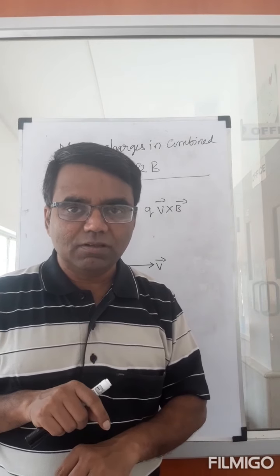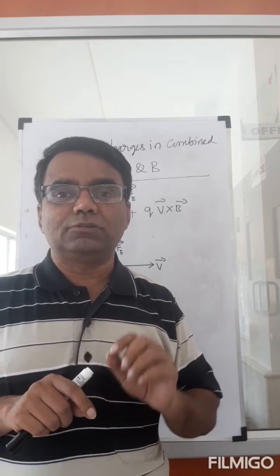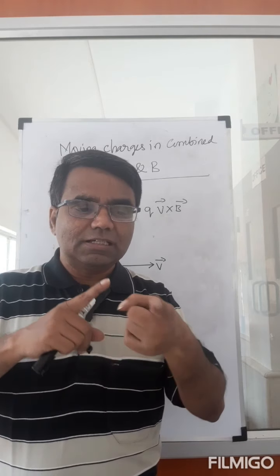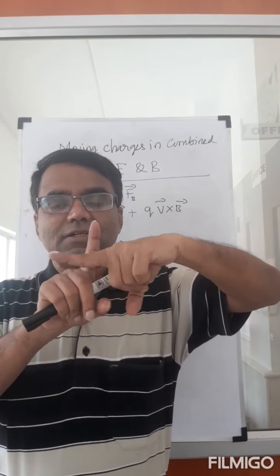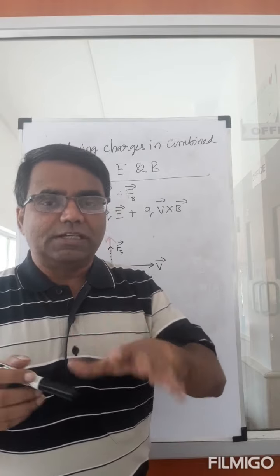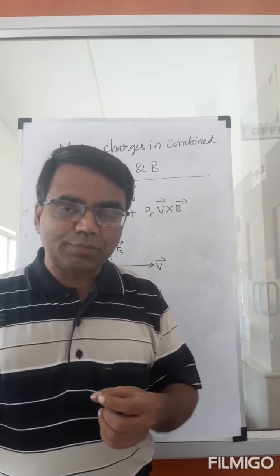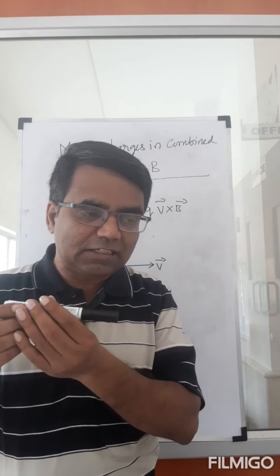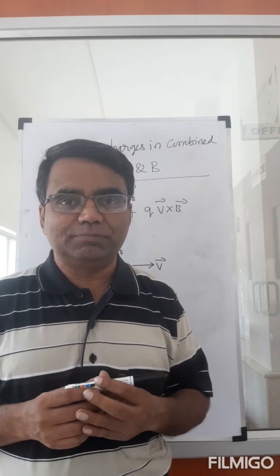Now they are called crossed fields, by the way. You are crossing B and E, so they are called crossed fields. B and E are perpendicular to each other. Okay, so in these crossed fields, you are allowing a charge to move at an angle of 90 degrees to both of them, then what is going to happen?